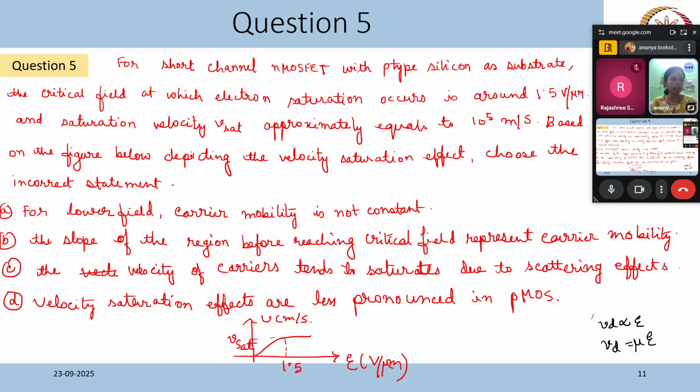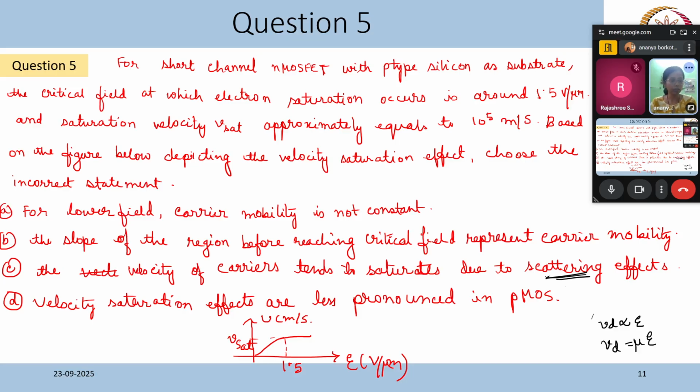Electrons try to move at a very fast speed, and there will be a lot of scattering with other electrons, with other interfaces. So overall the velocity of the electrons or holes will saturate. It is not that if we increase the electric field, the velocity will keep on increasing. Because of the scattering effect, we will have a constant drift velocity if our electric field is very high.